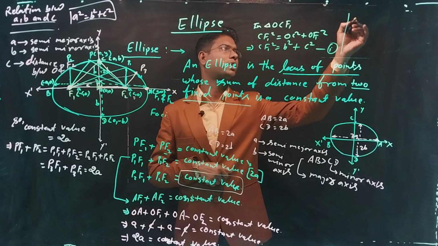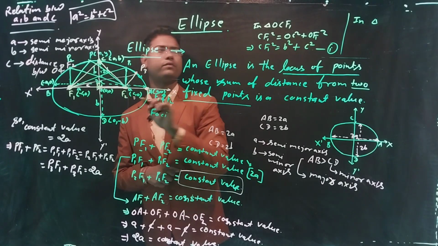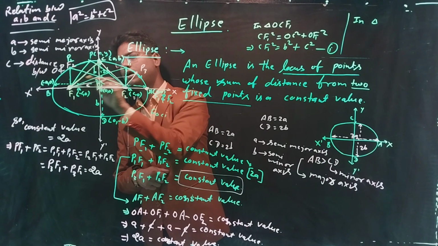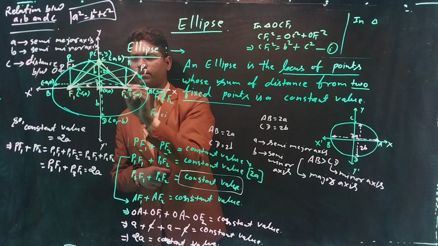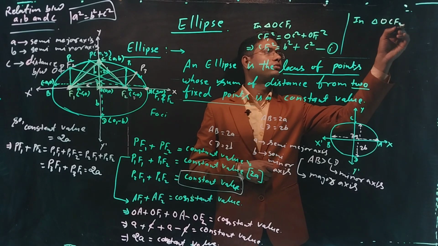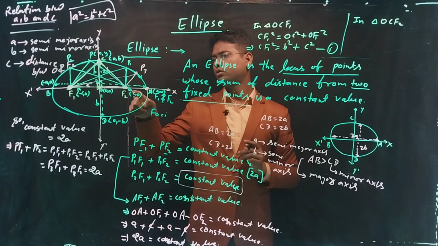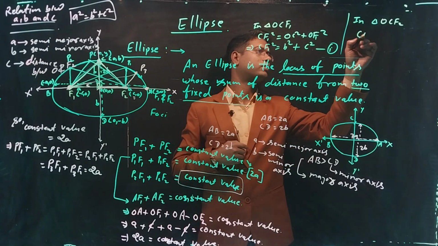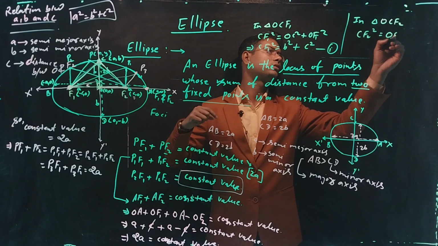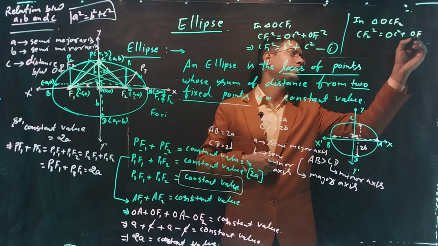Now I am going to take the right angle triangle OCF2. OCF1 is this right angle triangle, and OCF2 is this right angle triangle. In triangle OCF2, using the Pythagoras theorem, we get CF2 square will be equal to OC square, which is perpendicular, and OF2 square, which is base.